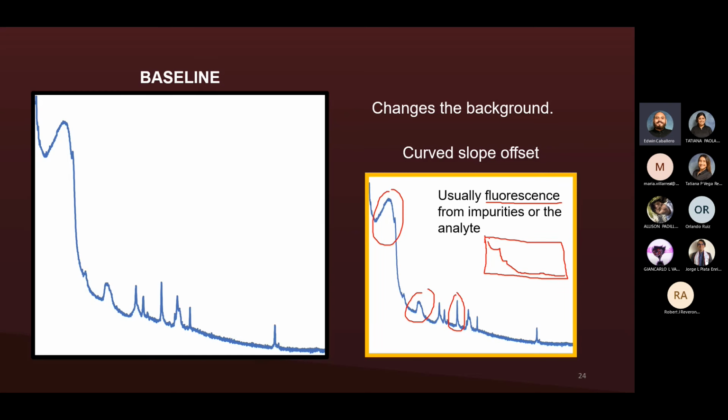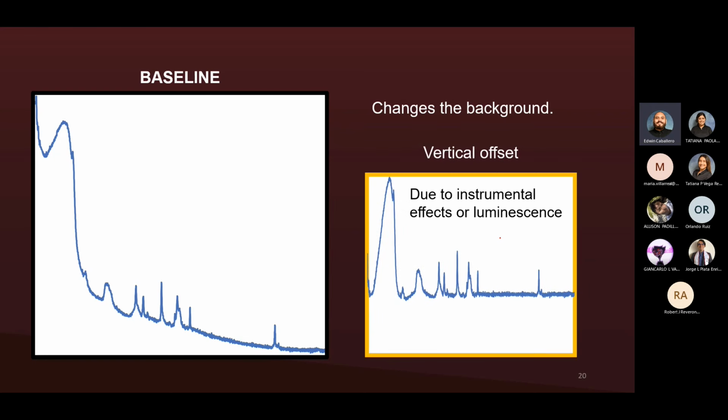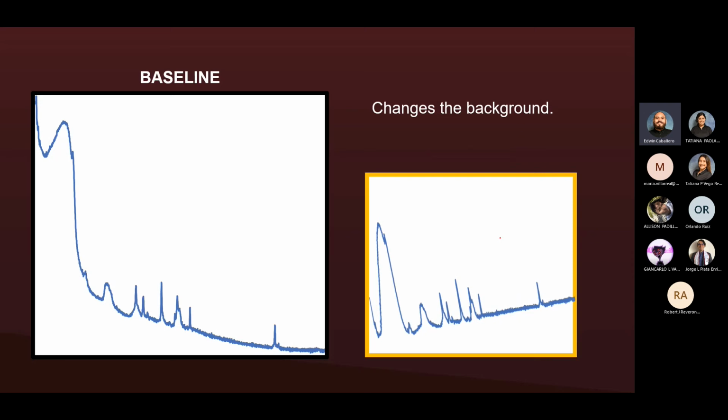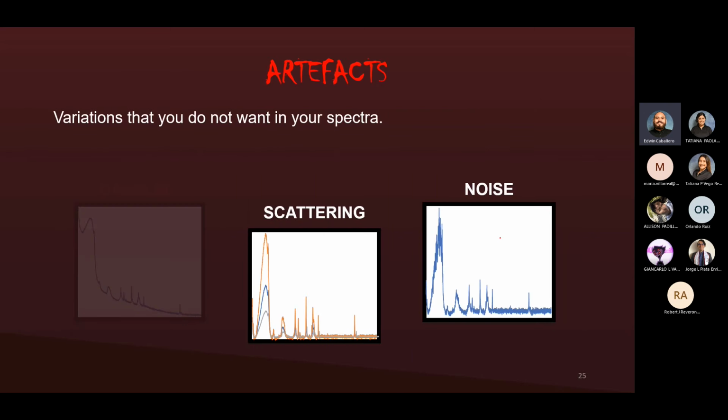So normally what we do with this is we do something called photobleaching, which helps us reduce the fluorescence, or we use certain data pre-processing methods, which we're going to see later. But these are basically the three different types of baseline offsets. You have a vertical, you have the slope, and the curved slope, right? So that's what we have for baseline.